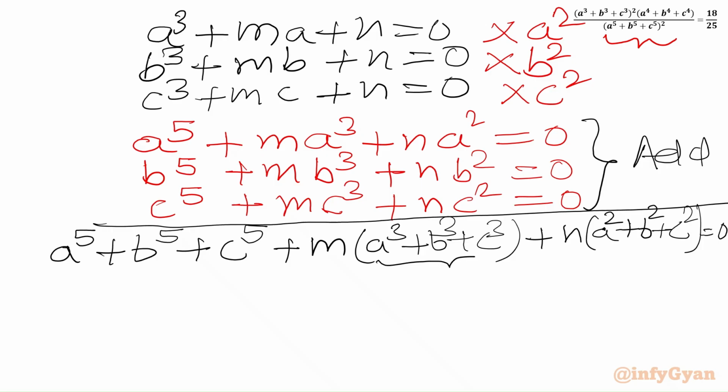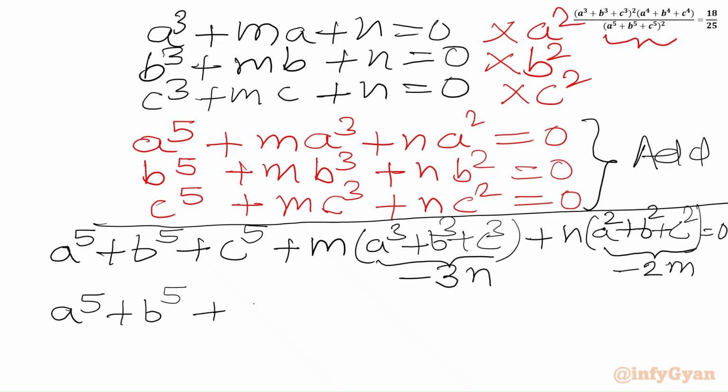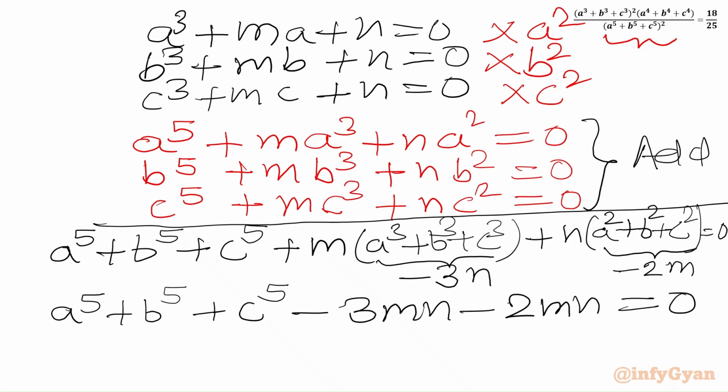Now a cube plus b cube plus c cube, this was minus 3 times n. A square plus b square plus c square, minus 2 times m. So we can write here a power 5 plus b power 5 plus c power 5 minus 3mn minus 2mn equal to 0.